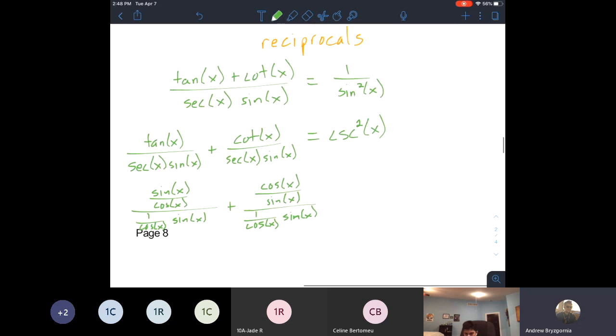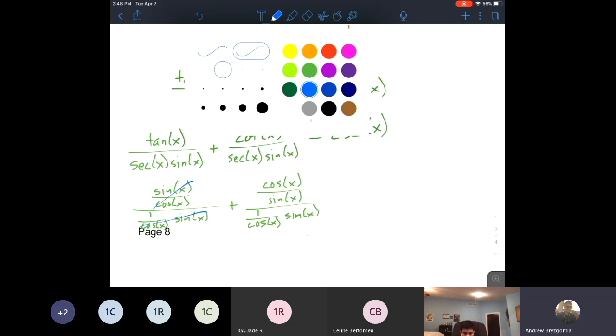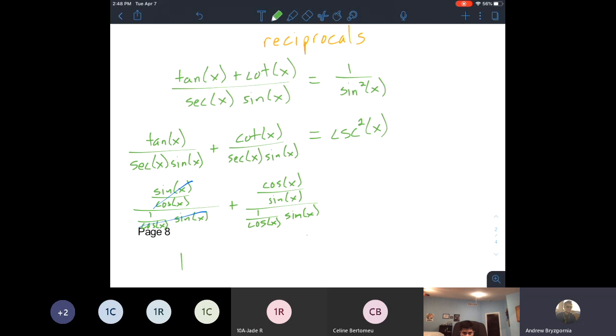And that first fraction is going to turn out really nice for us. We have sine over cosine on top, but then notice how the bottom is also sine over cosine. So our first one is actually just going to cancel. Everything cancels there, and that is going to become 1. Then in the second one, we are going to have cosine over sine. Now the bottom was also sine over cosine, but if we are dividing by a fraction, we can multiply by its reciprocal.